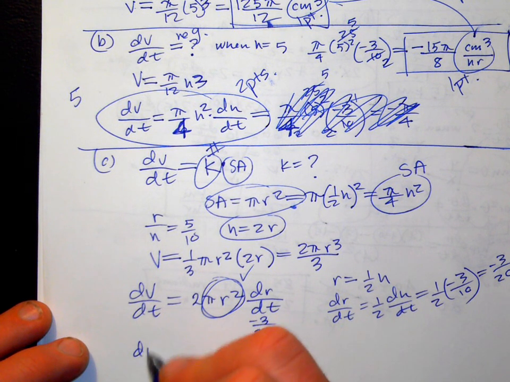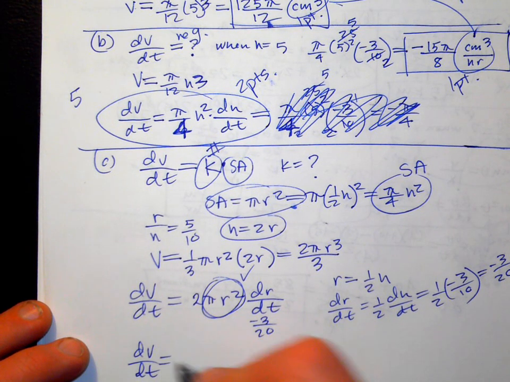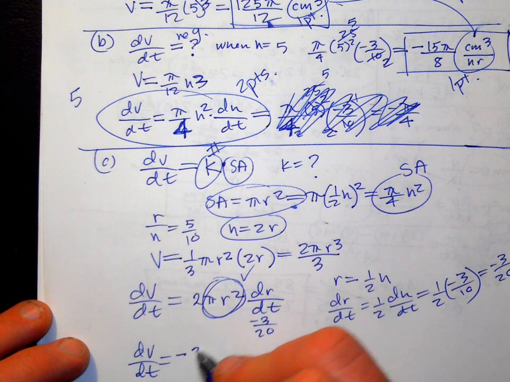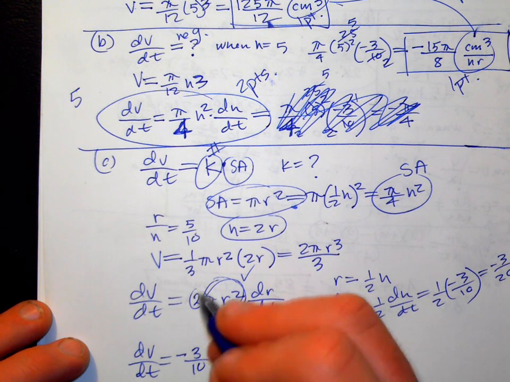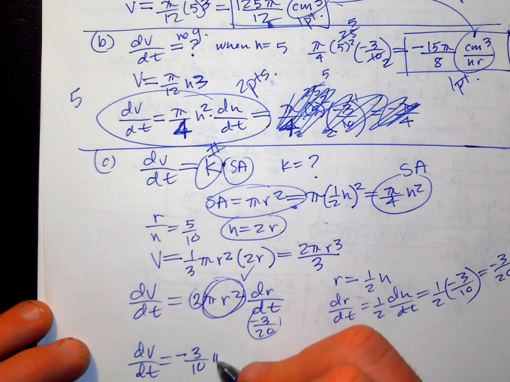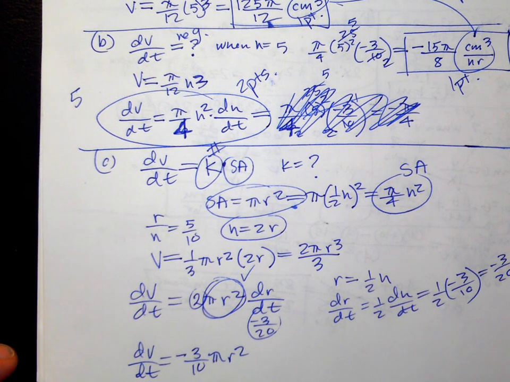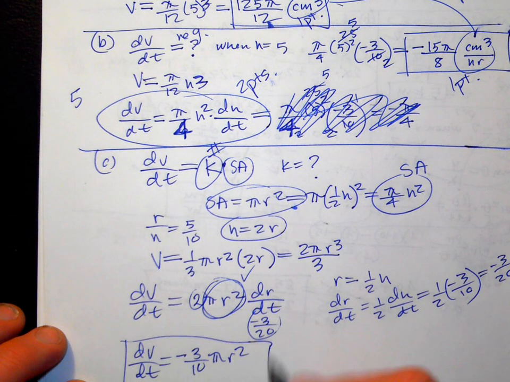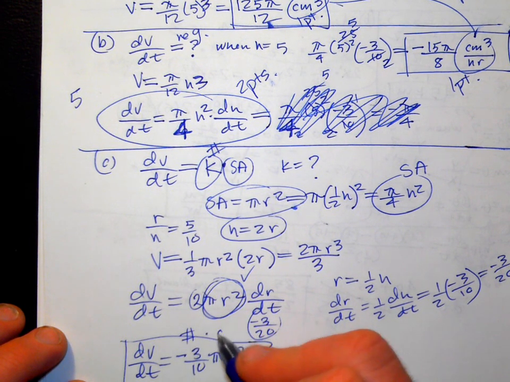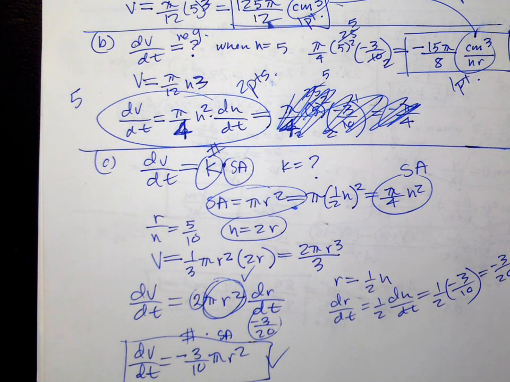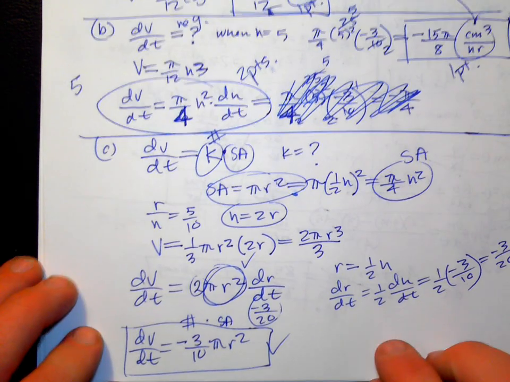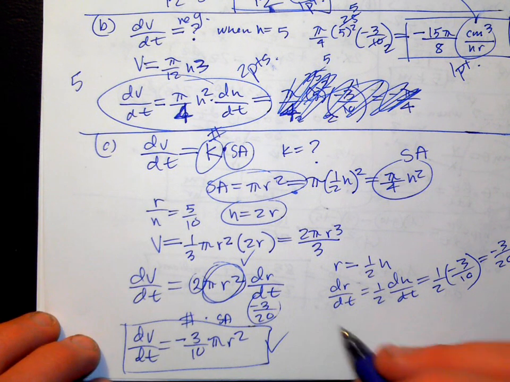So then we could rewrite this as dV/dt equals negative 3/10 if I multiply those together, pi r squared. So now I think we've shown that it's a number times the surface area, which was part of the challenge. And then the other one was to find the constant of proportionality.